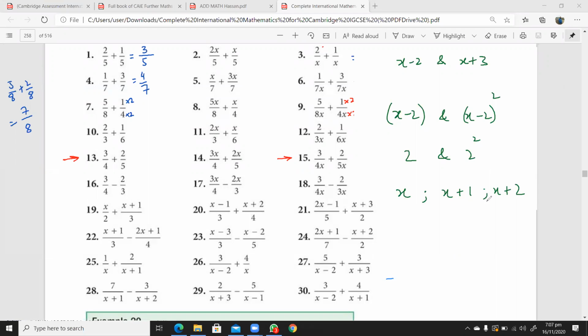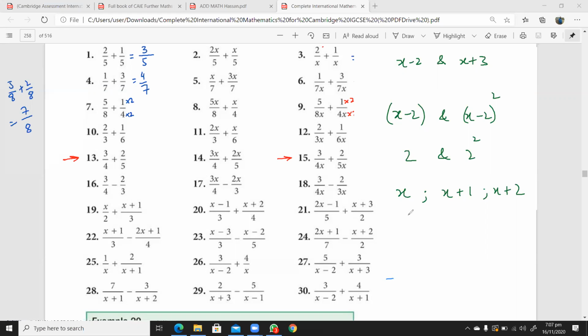Samiha, the LCM of these three. Sir, x को common ले सकते हैं हम? Tell me, is it common here? नहीं बेटा, कैसे common हो? This is not common. X is not common. If they were being multiplied, like x into 2, x into 1, then you could say x is common.